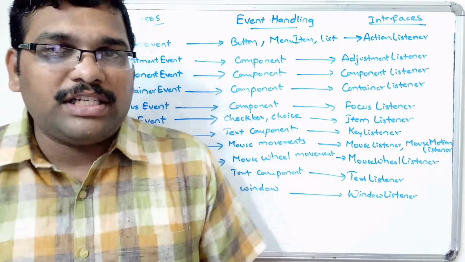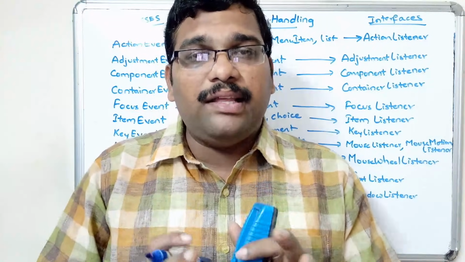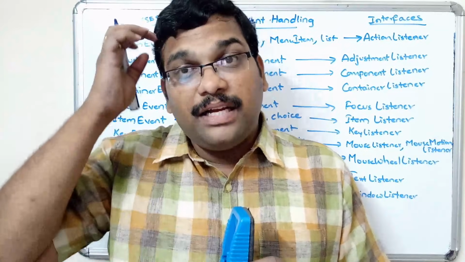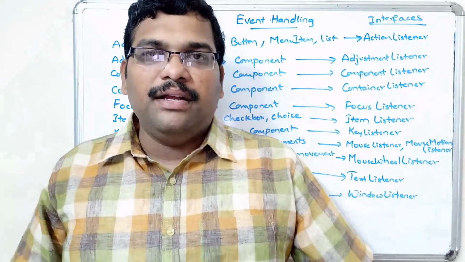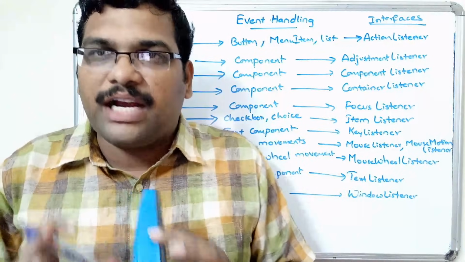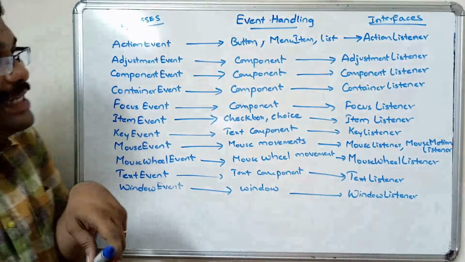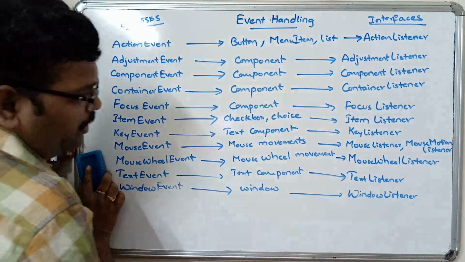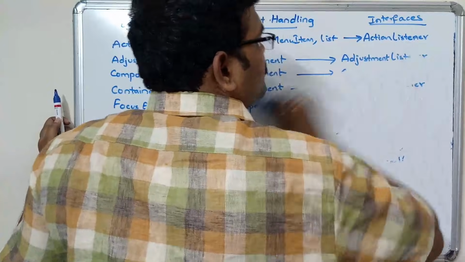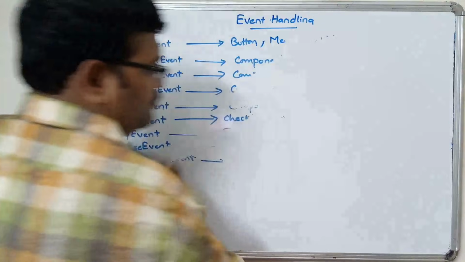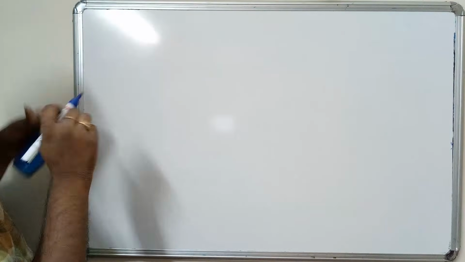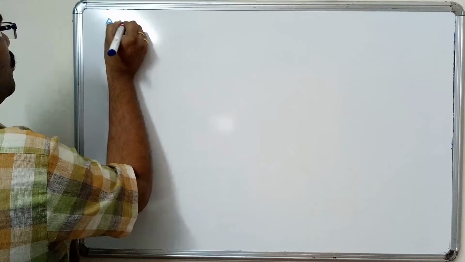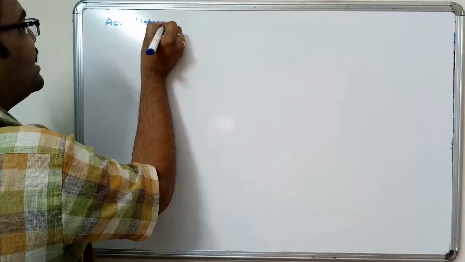Now we will see the methods available in these interfaces. We know the concept of interface: an interface will have only abstract methods, that means only the method declaration but not the definition, and in whatever class we implement that interface, we have to write the definition for all the abstract methods, right? First, action listener.